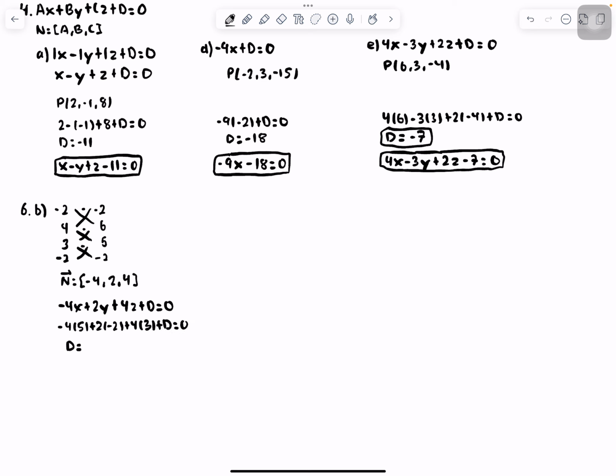So then D would be equal to 4 times 5 plus 2 times -2 plus 4 times 3. -12, moving it over to the other side, we get 12. So the final equation would be -4x plus 2y plus 4z plus 12 equals 0.